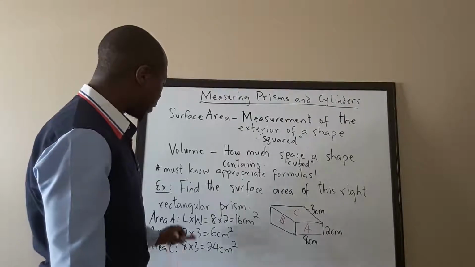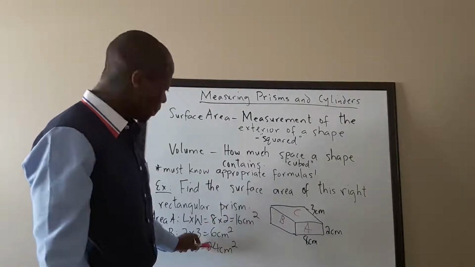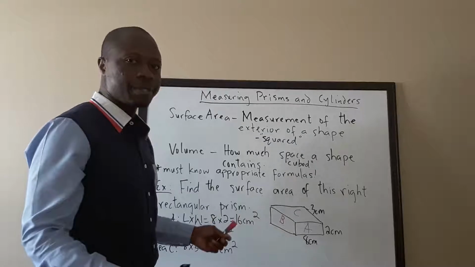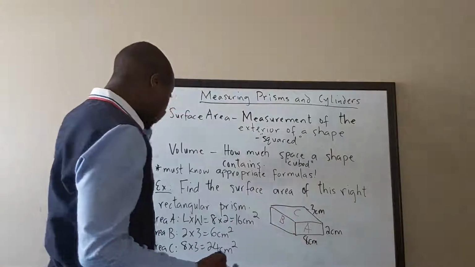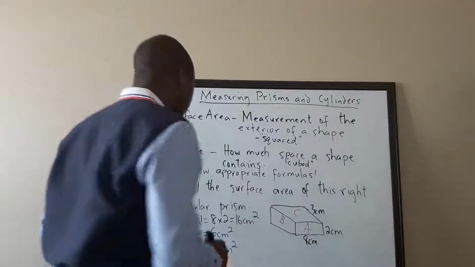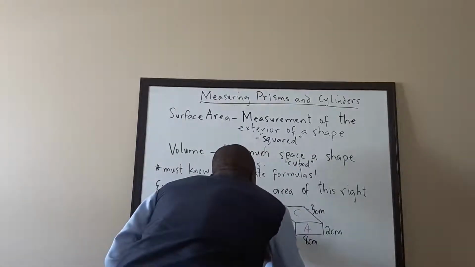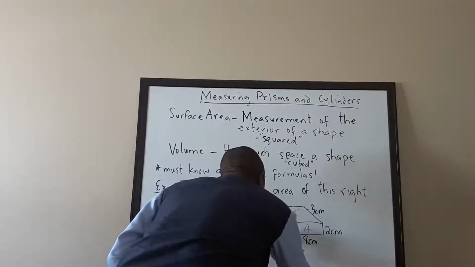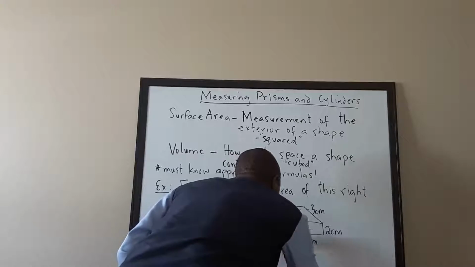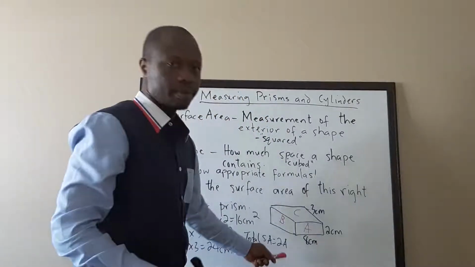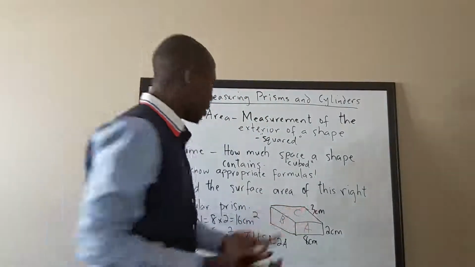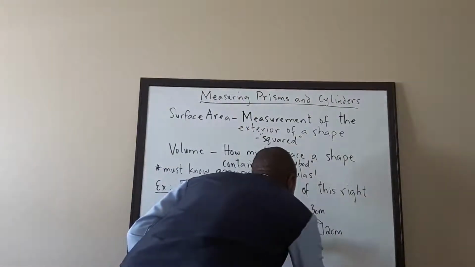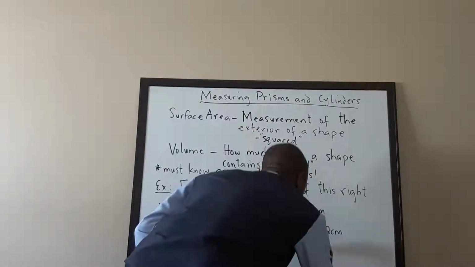Now, we're going to double each one, and we're going to add them all together. So we're going to say that total surface area is 2 times A, or the area of A, plus 2B plus 2C.